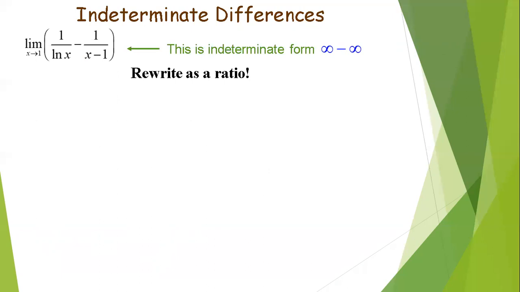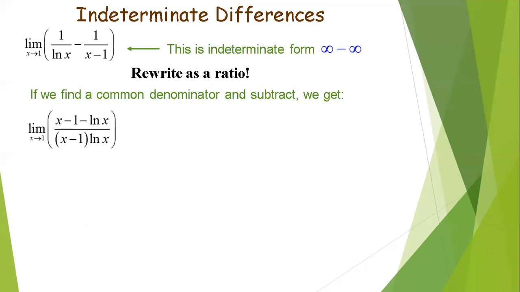Then we rewrite this as a ratio. If we find a common denominator and subtract, we get the limit as x approaches 1 of x minus 1 minus ln x over (x minus 1) ln x. Now it is in the form 0 over 0.